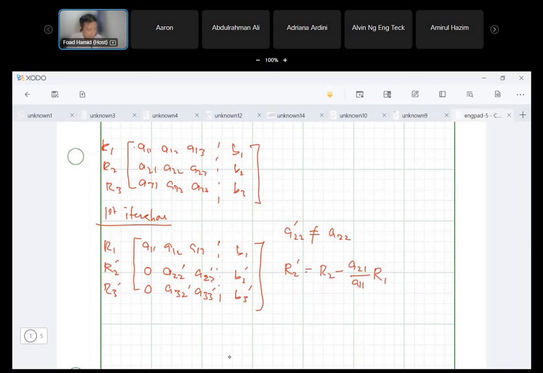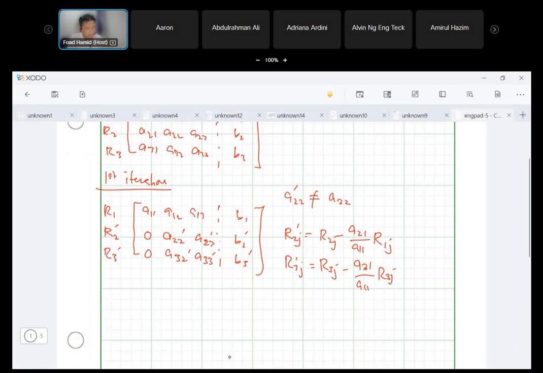And in such a way that for every element in that row, and R3 prime J is R3J minus A31 over A11 times R1J.